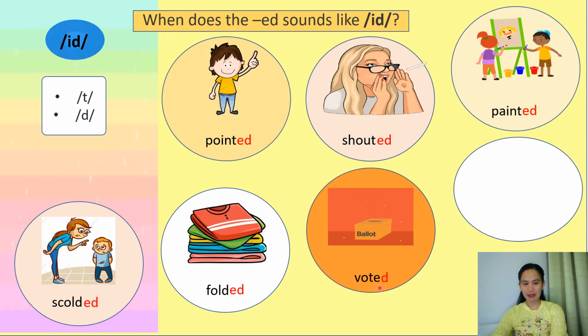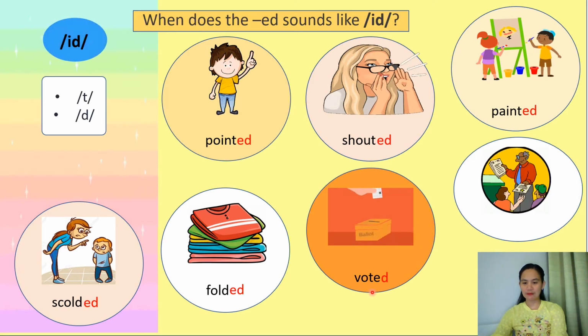The ed at the end, or the d at the end, sounds like id, so we're going to read it as voted. Last word, we have the word hand. D is the last sound. This is the phonetic translation of the sound of d. So if you put ed at the end, the ed sounds like id. So we are going to read the word as handed.